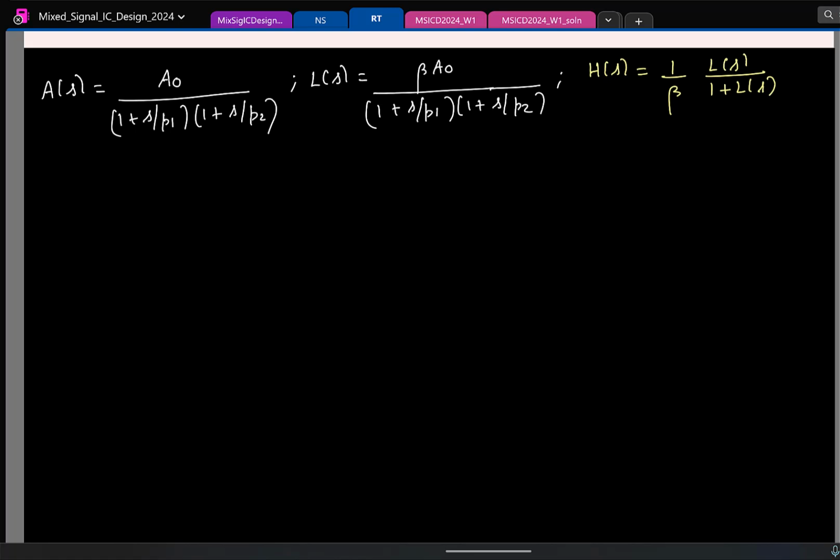So let's try to do the same exercise we did before. Let's try to sketch the loop gain. Let's say I plot it here, this is the magnitude.